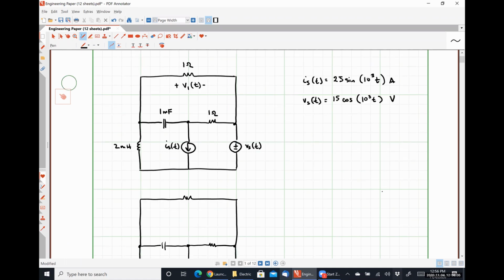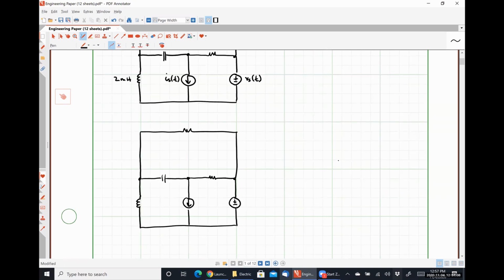What is the phasor representation of that current going to be? The current source. So 25 phase angle 0 or 25 phase angle minus 90? I agree with that, minus 90. Minus 90 because it's a sine function and we need to convert it to a cosine function. So 25 angle minus 90 degrees amps goes here.